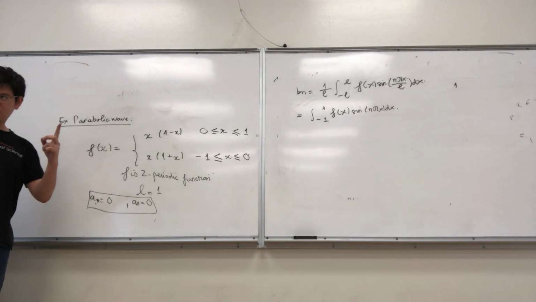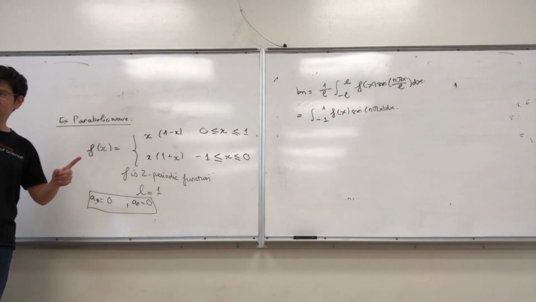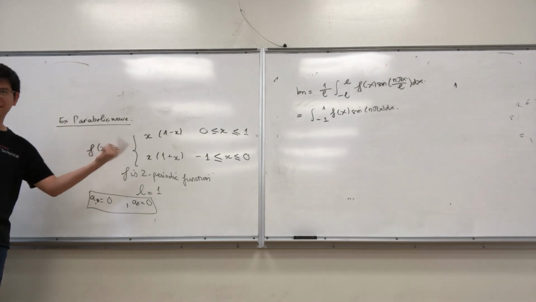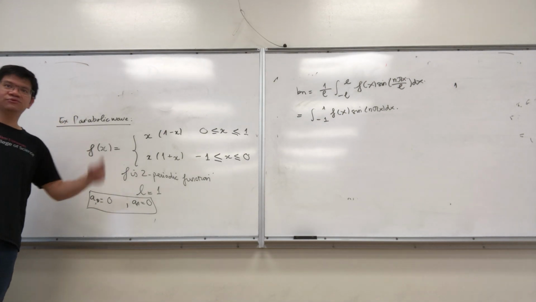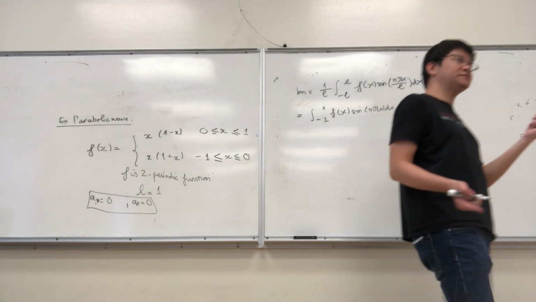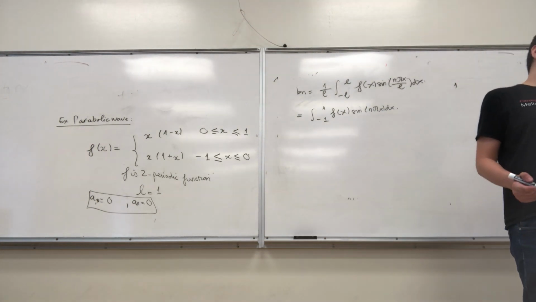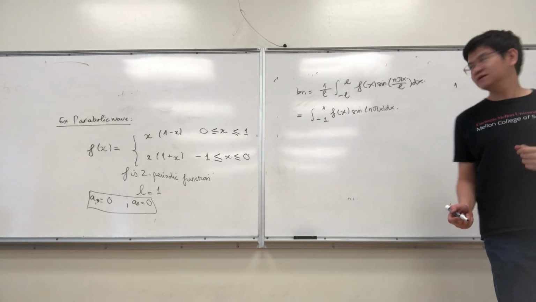So if you know that for an it is an even function, for bn it should be an odd function, and if an is odd, then bn should be even, right? So if you compute an and you check that this is even, then the other term has to be odd, and if this is odd, the other term has to be even. So it has to be even, right?